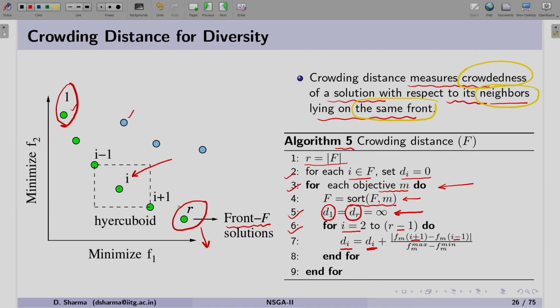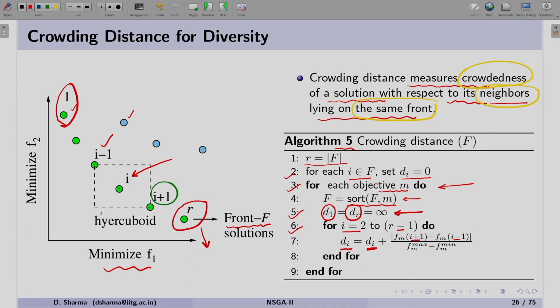Since we have sorted the members based on the F1 objective, we know that solution i minus 1 and solution i plus 1 are both neighbors to it.